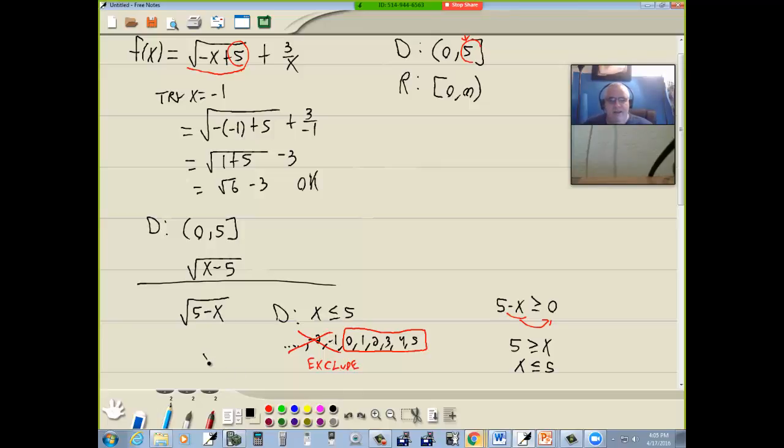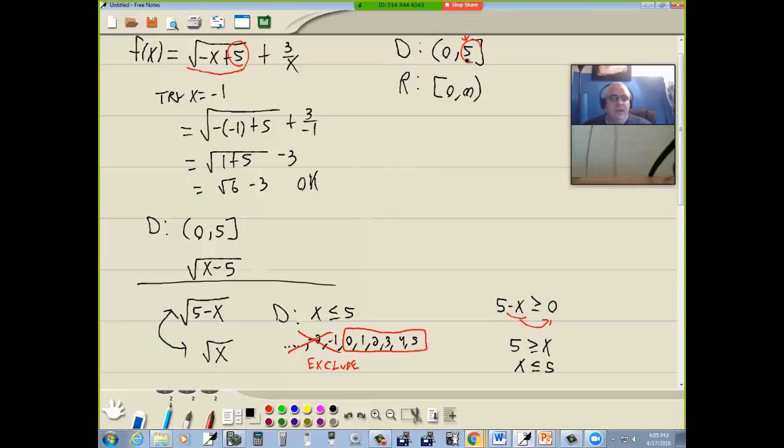Well, if we just had the square root of x, then that would tell us that we can't have any negative numbers. Because if I put negative 1 in here, or negative 2 in here, it'd give me an imaginary number. So that tells us we want some kind of combination of these two right here.